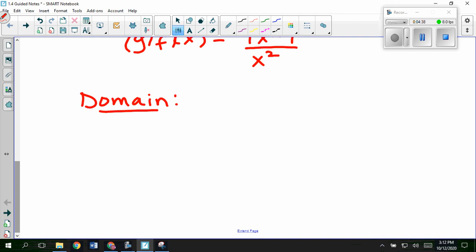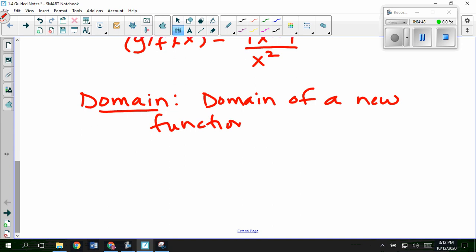So when we talk about the domain of a new function, in general, I tell my students to just be cautious of the domains of the old. So use the old domain and interpret new.